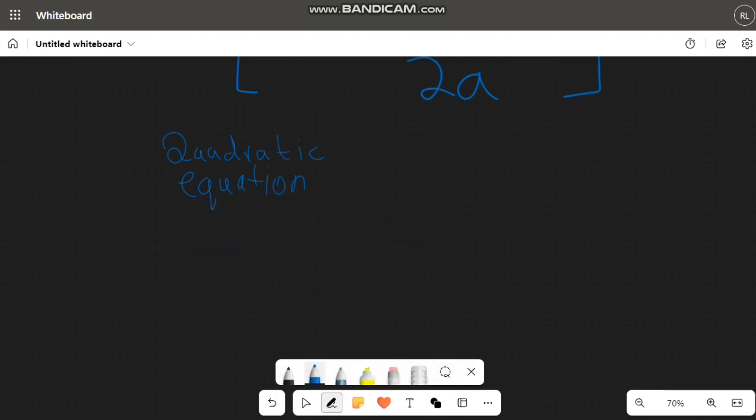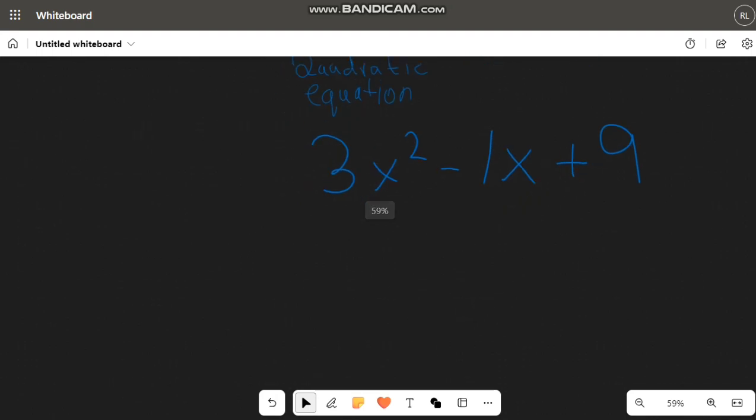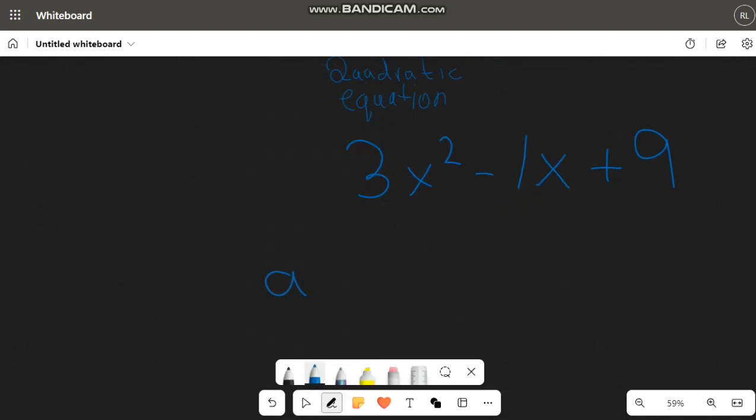Let's say 3x squared minus 1x plus 9. First, we're gonna find a, b, and c. A would equal 3. B will equal negative 1.